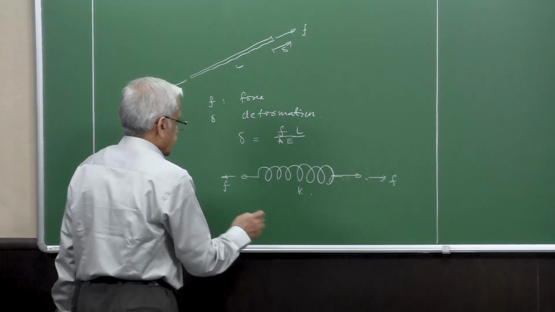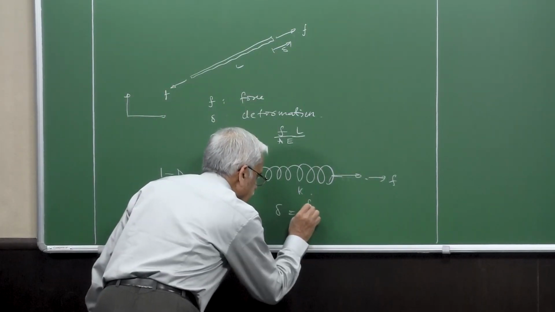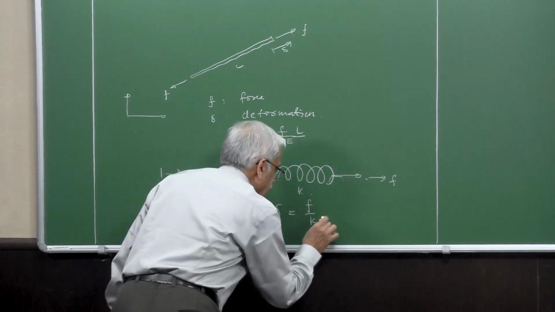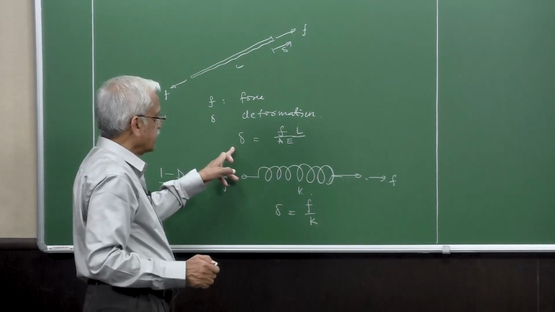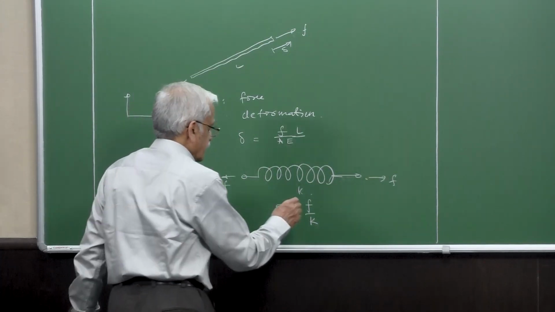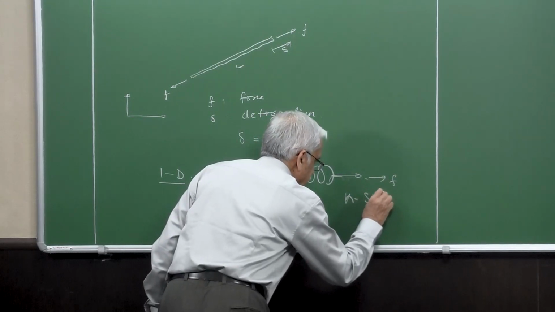Then the deformation again is F by K, where K is the stiffness of the spring.